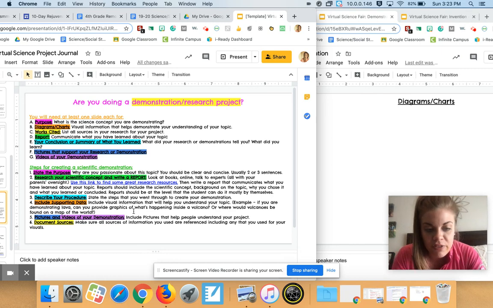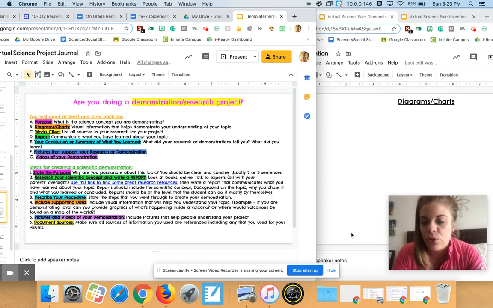So this, again, could be visual information that will help understand your topic, okay? An example here is if you are demonstrating how lava flows out of a volcano, you can provide graphics of what's happening inside a volcano or where would volcanoes be found on the map of the world.